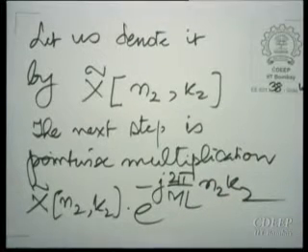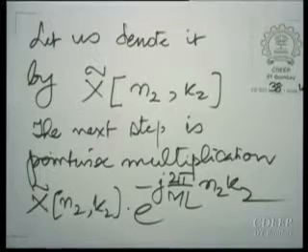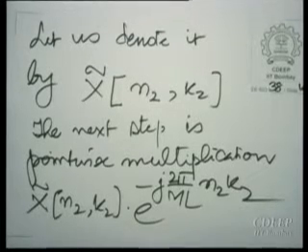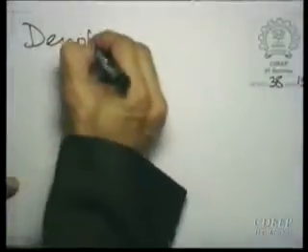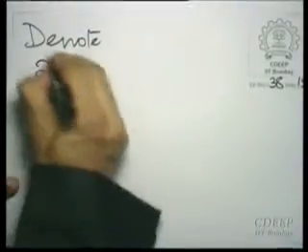So, pointwise multiplication. And let us denote this again by a different symbol, x double tilde.